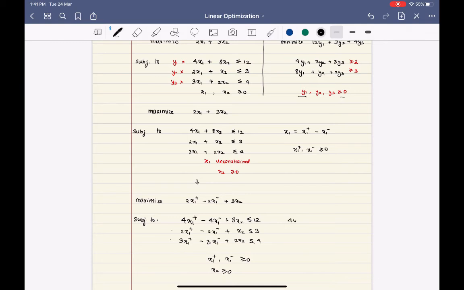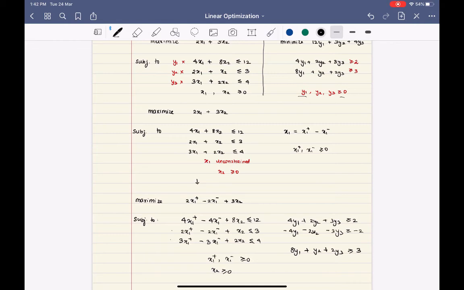So we have 4y1 plus 2y2 plus 3y3 bigger than or equal to 2, minus 4y1 minus 2y2 minus 3y3 is at most minus 2, and then we have 8y1 plus y2 plus 2y3 is at least 3. So sorry, before I should have said at least.